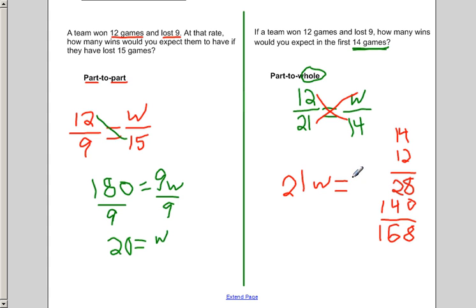And so 168. And now we have to divide by 21 and find that W equals 168 divided by 21, which is 8. So at that rate, out of the total 14 games, the whole, you'd expect them to win 8 games.